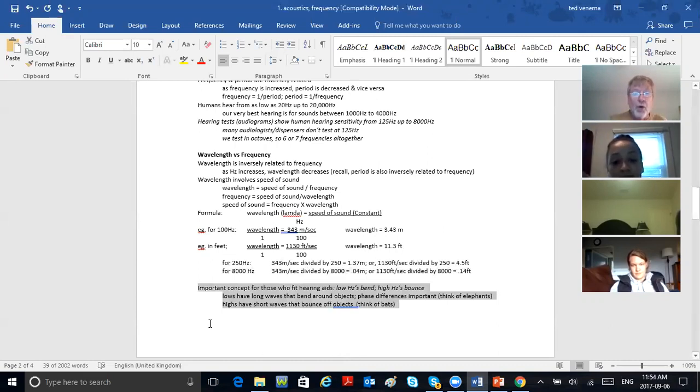Lows have long wavelengths. They bounce around and bend around objects, I would say. Highs have short waves that bounce off objects. Think of bats.